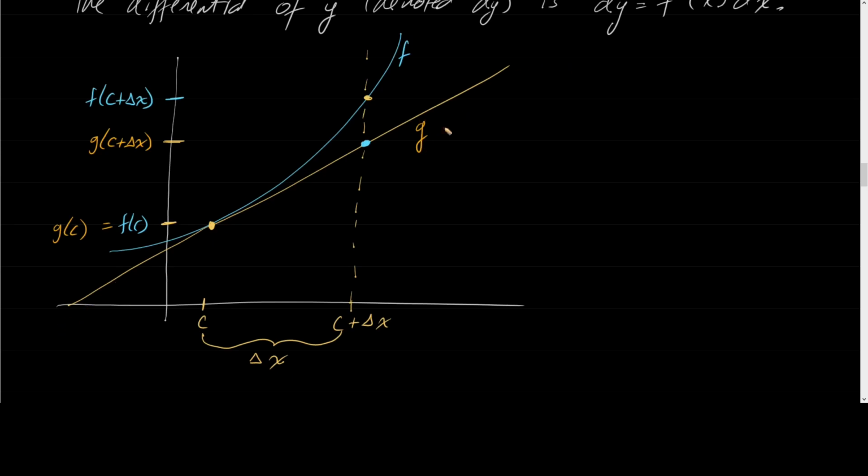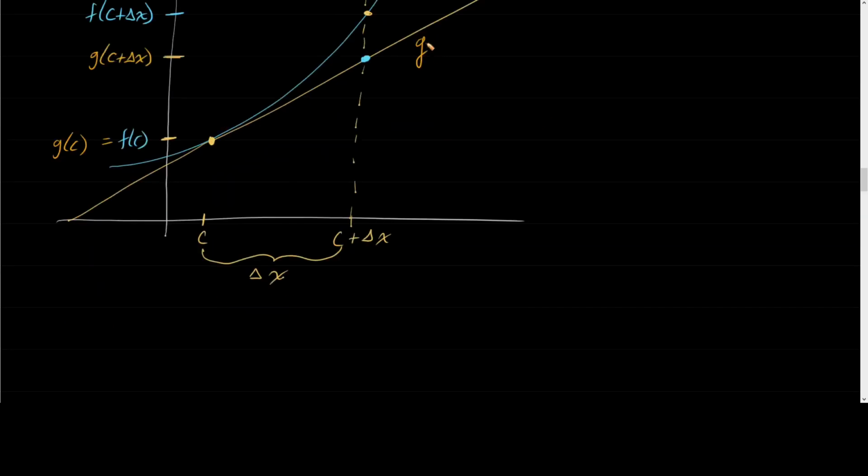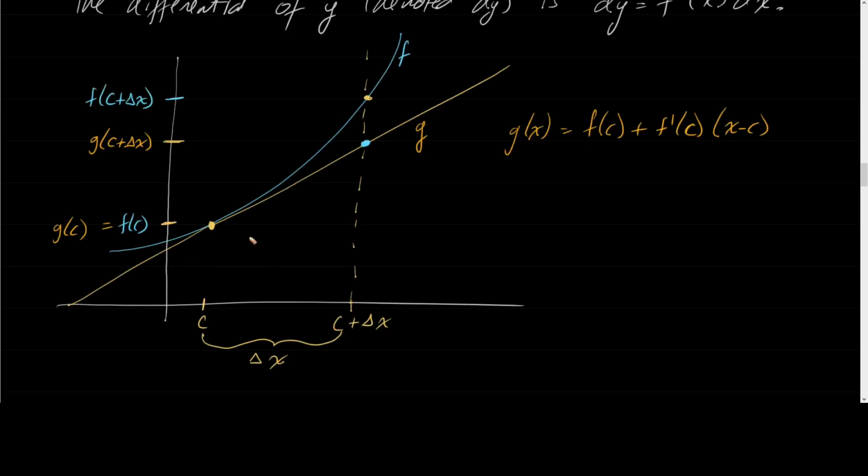Normally we would say y equals, but because I'm using the name g for this function, I'm going to say g of x equals, and I'm going to write it as f of c plus f prime of c times x minus c, right? Let's just leave it at that, because we don't actually have any values here. Now, this is our slope, right? This is our function there.